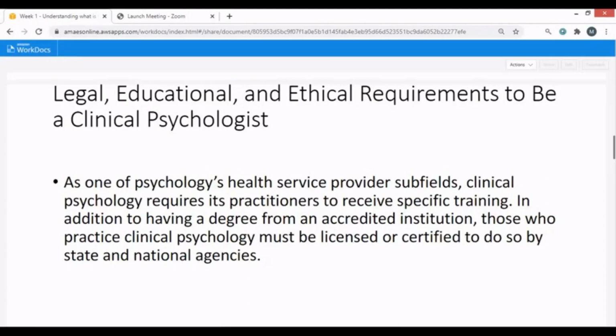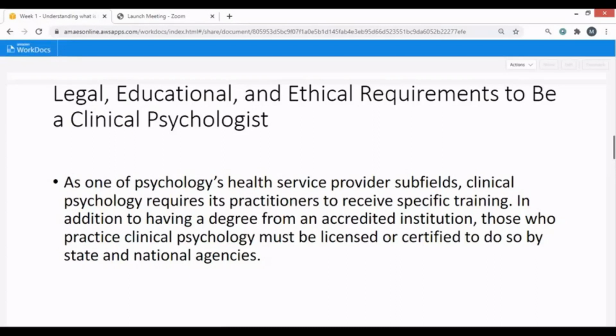This is in the United States and also in Canada. Each state or province establishes the requirements for licensure, awards licenses to those who qualify, and retains the power to penalize or revoke the licenses of those who violate licensing laws.